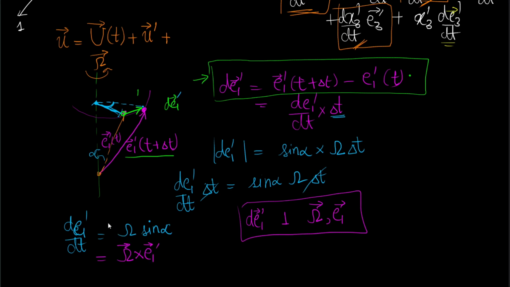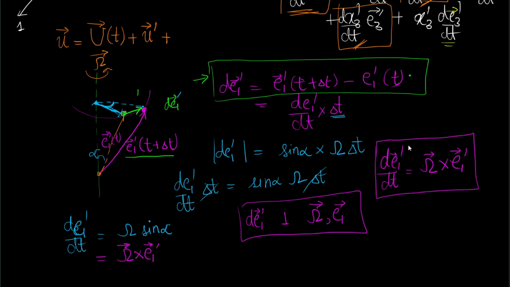So dE1 prime/dt in vector form is equal to omega cross E1 prime. So this is a very important thing to know.